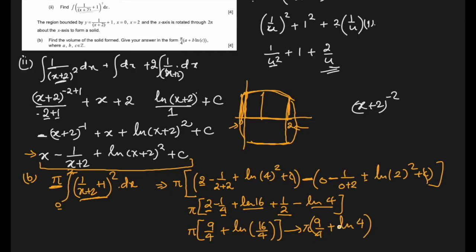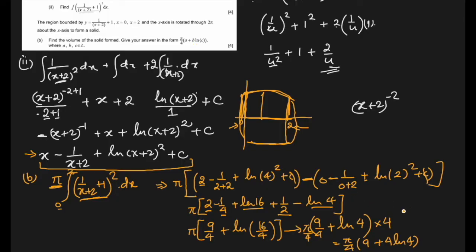That means we will divide by 4 and multiply by 4, right? So this pi by 4 remains pi by 4, but inside 9 over 4 times 4 will be 9. Then 4 times ln 4, they want something in front of ln also.